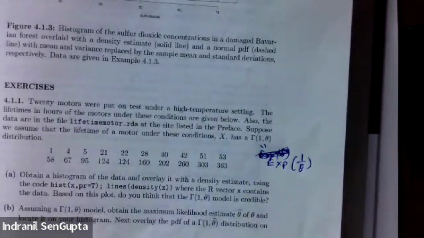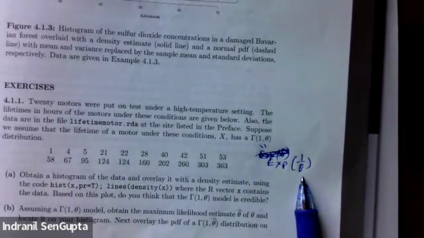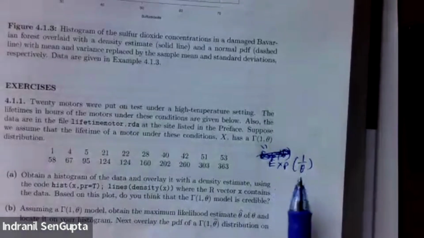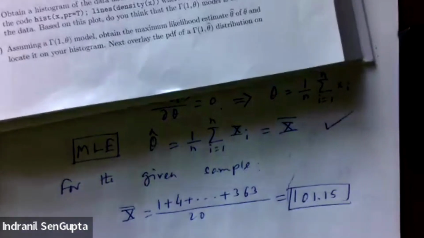So what's the conclusion? If somebody provides you with this data and says that it follows the exponential 1 over theta distribution, then what is that theta? Your answer would be, okay, if that is the case, my theta would be 101.15. That's the answer.